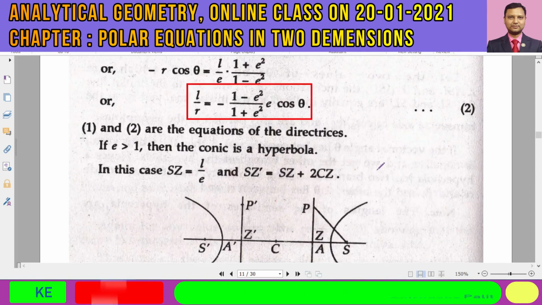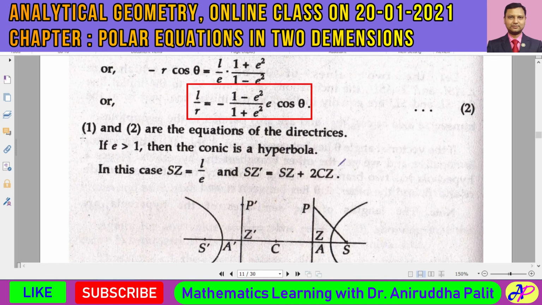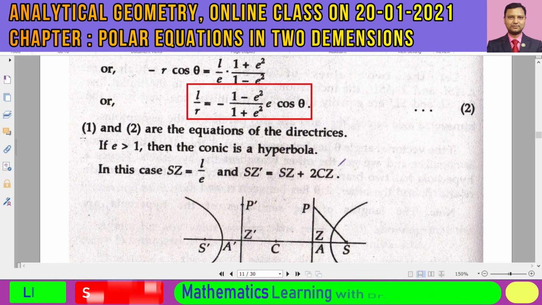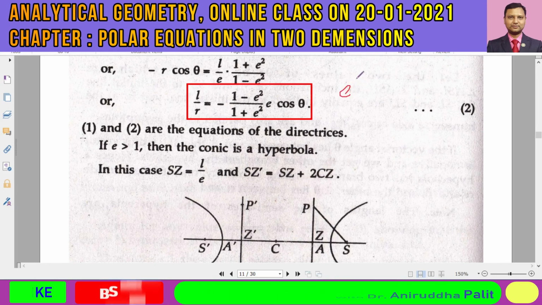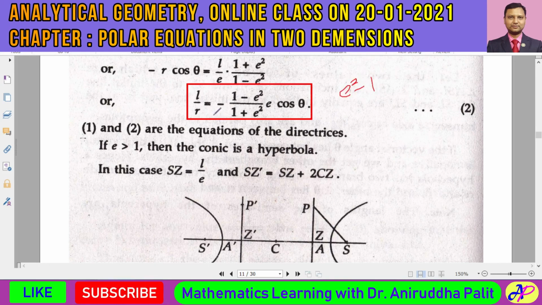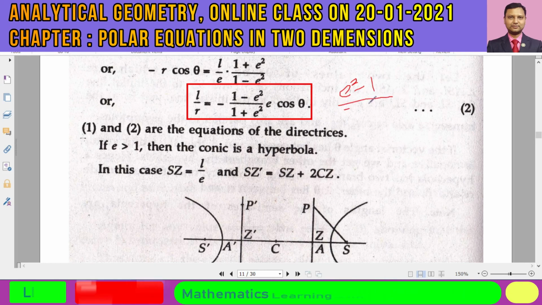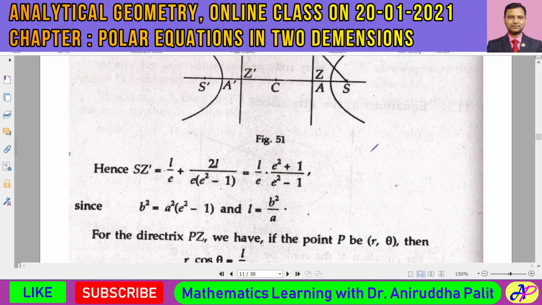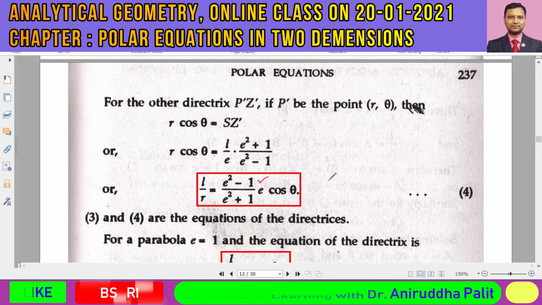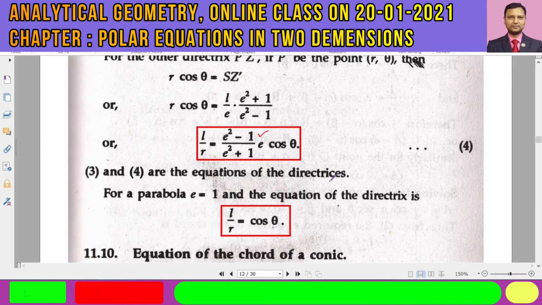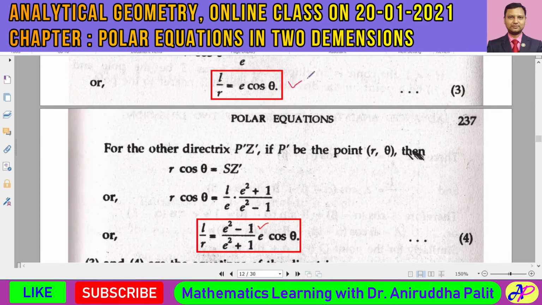And in case of hyperbola, when E is greater than 1, the same equation again takes place. Just if you shuffle them, minus of 1 minus E square can be written as E square minus 1 in the numerator, so the expression can also be written with E square minus 1 divided by E square plus 1 into E cos theta, and the first directrix remains the same: L by R is equal to E cos of theta.